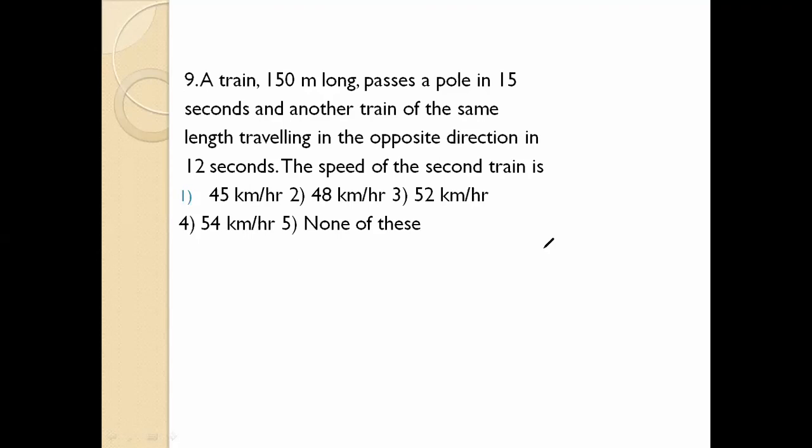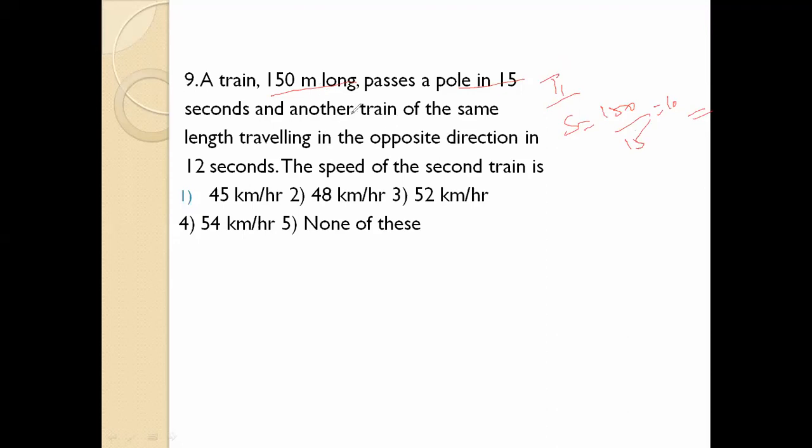The speed of the second train is? So here the first train, 150 meters long, passes a pole in 15 seconds. Train 1 speed equals distance 150 by 15 seconds, 10 meters per second.